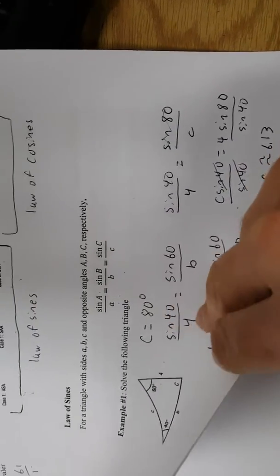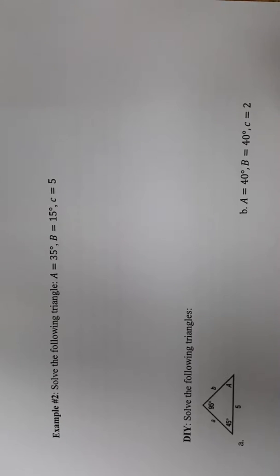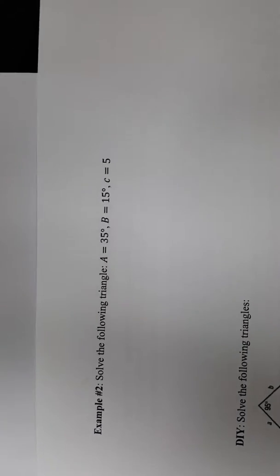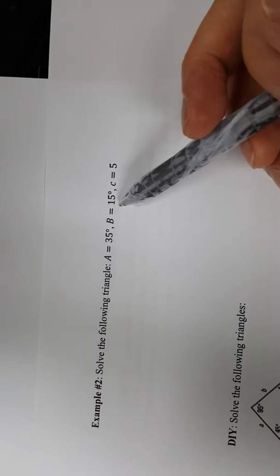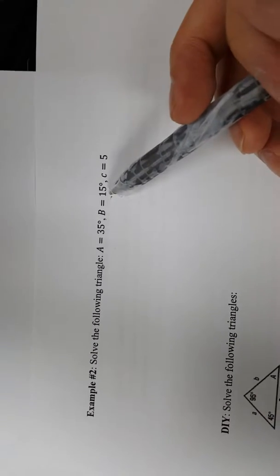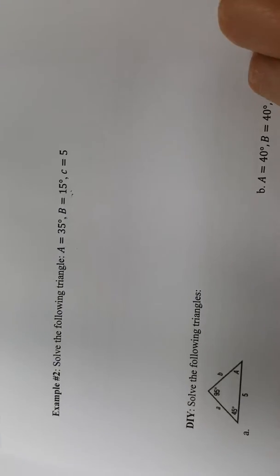Okay. Let's move on to example number 2. For example number 2, you want to solve the following triangle. A is 35, B is 15, C is 5. So you don't have a figure, but I already know that I could find angle C because the angles of a triangle have to add up to 180.